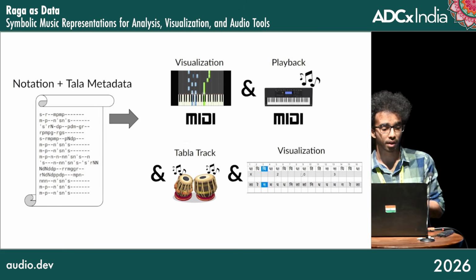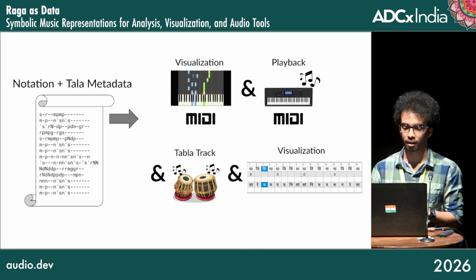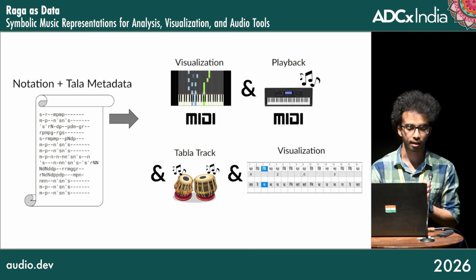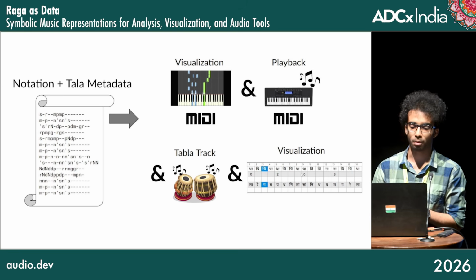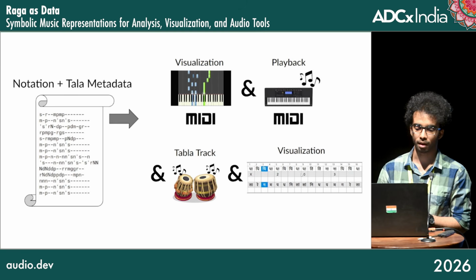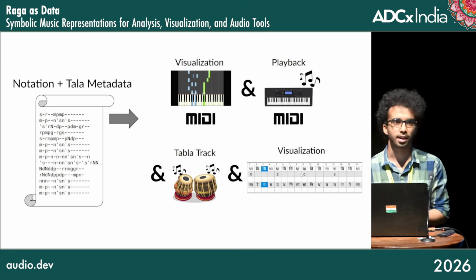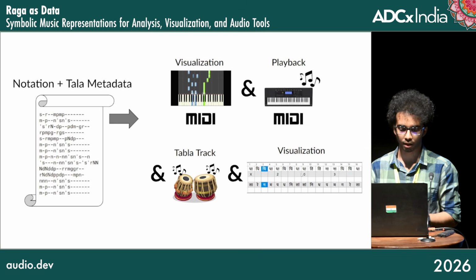And this is the next version of it. Because everything was structured in the previous pipeline, you can easily extend it. For example, adding a tabla track. So from a systems perspective, this is a modular pipeline where the first step is to parse notation. Second step is to map individual MIDI pitches to each swara.